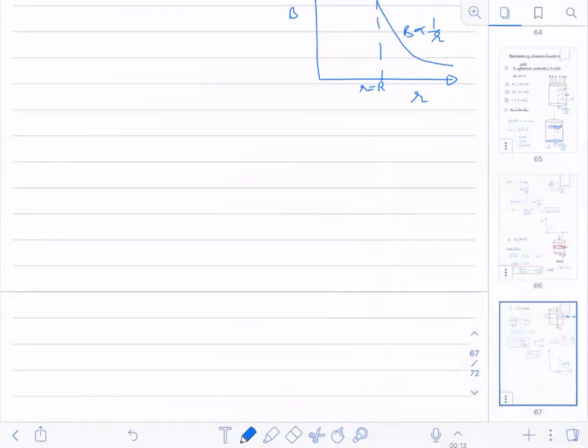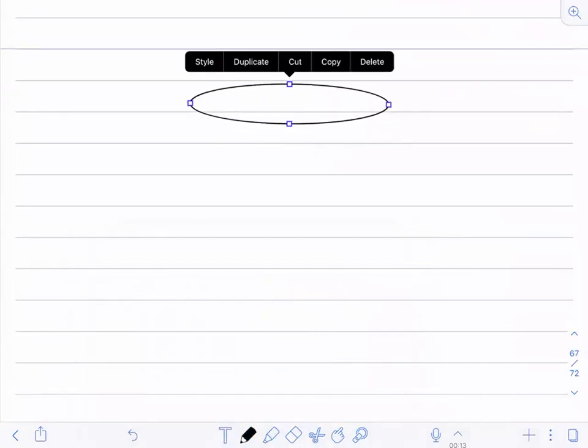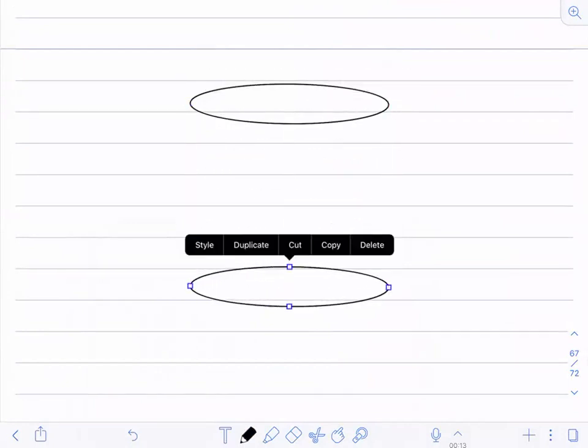You just see here. If I had a solid conductor or a wire, see, I'm doing it completely because this is a very important topic. That's why I'm doing it.